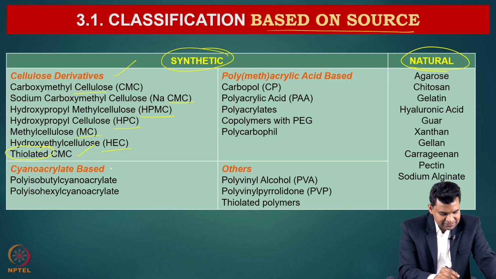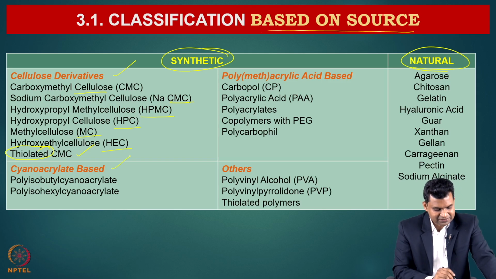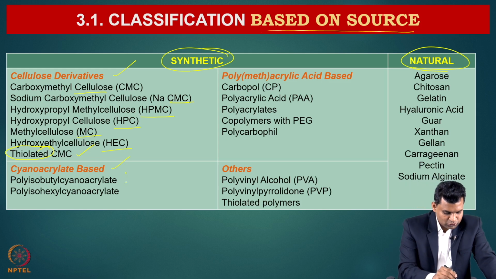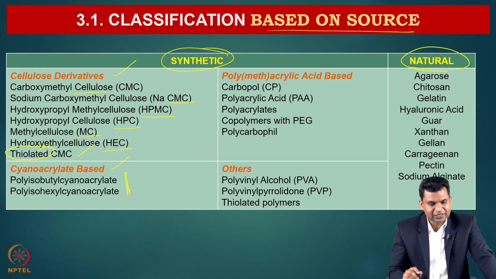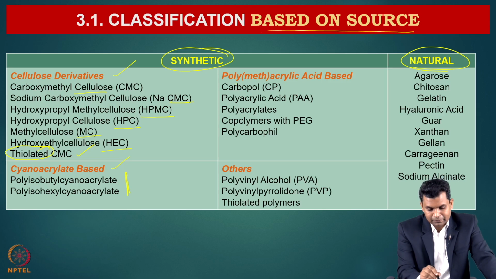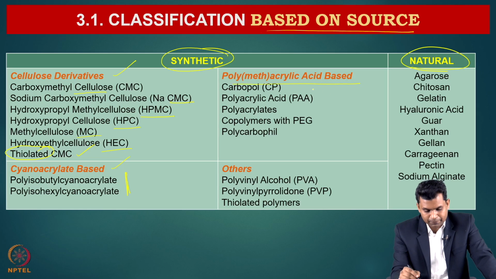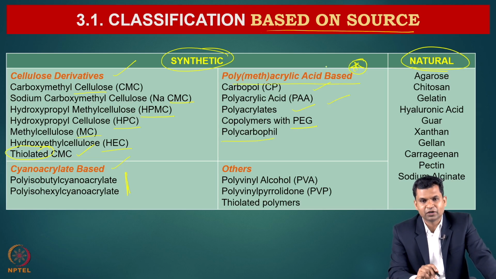And the second class is cyanoacrylate based synthetic polymers. So, these are the two varieties of cyanoacrylate polymers. Then polymethacrylic acid based: carbopol, polyacrylic acid, polyacrylates, copolymers with PEG, and polycarbophil are the best examples in the class of polymethacrylic acids.